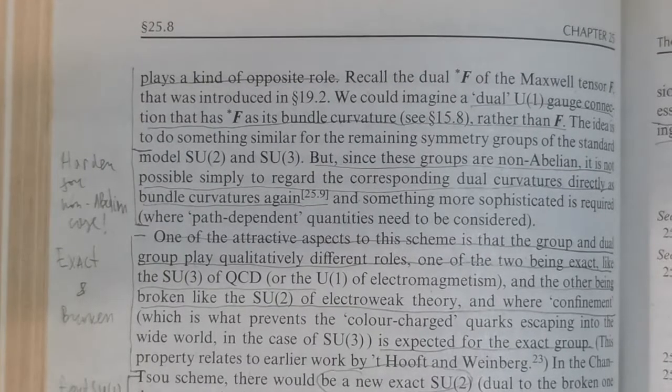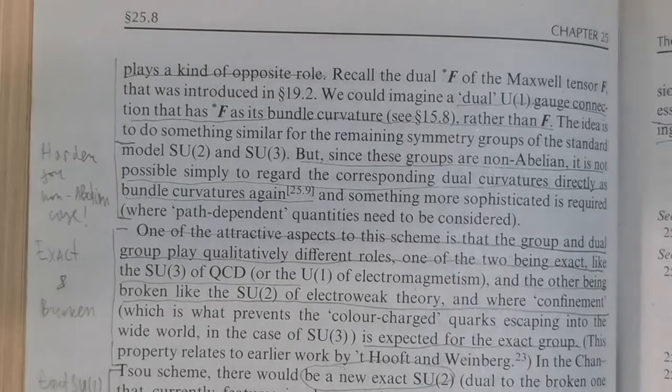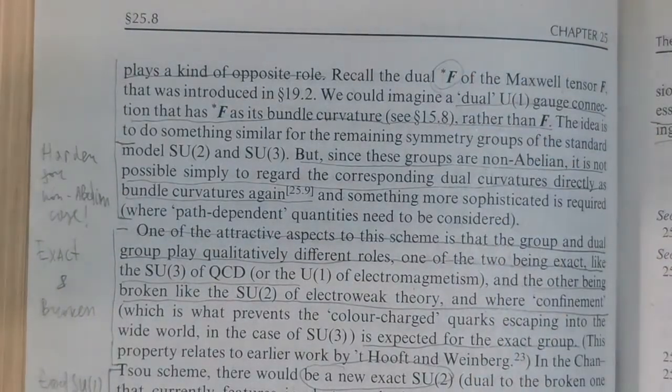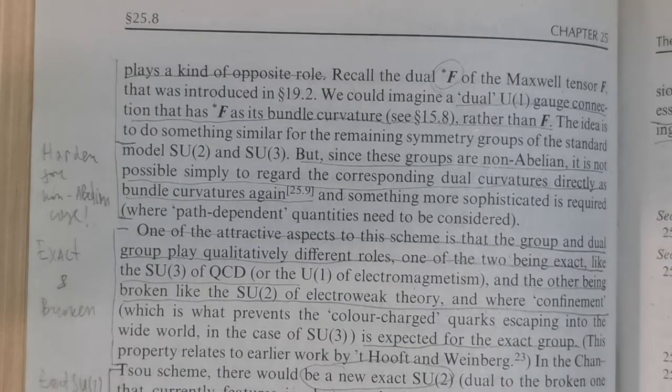But since these groups are non-abelian, it's not possible simply to regard the corresponding dual curvatures directly as bundle curvatures again. So there's some kind of more complex and sophisticated approach to be taken here. But anyway, they somehow are doing that.